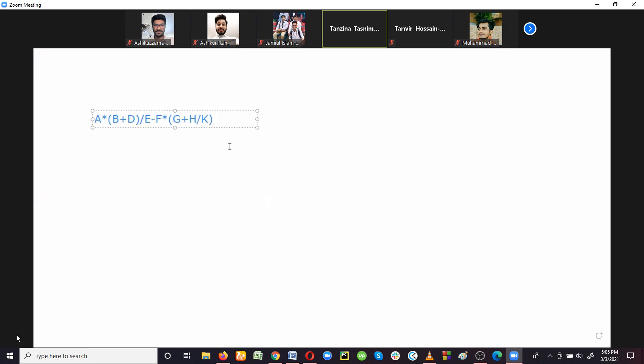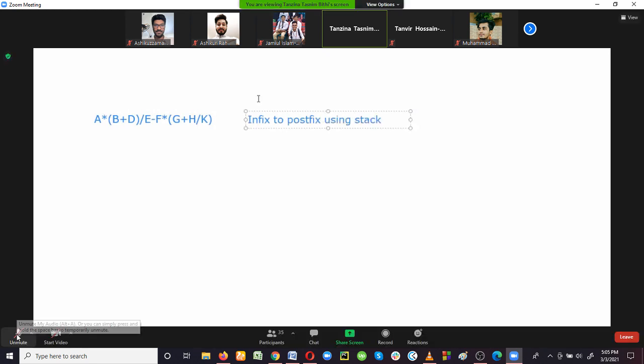So convert this infix notation into postfix using stack. Let's try to solve it.